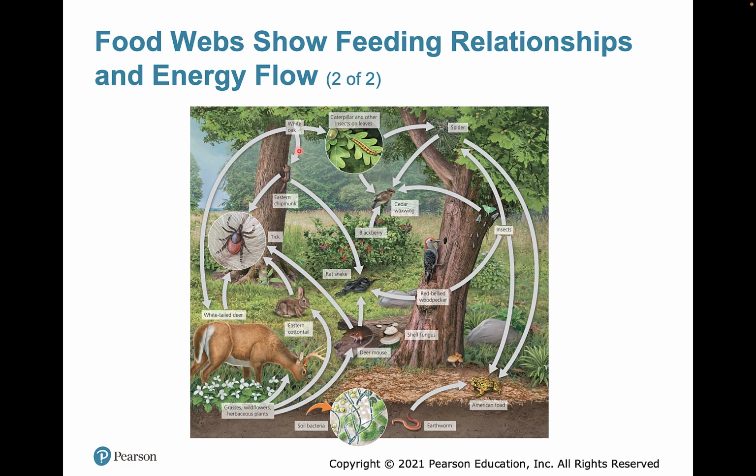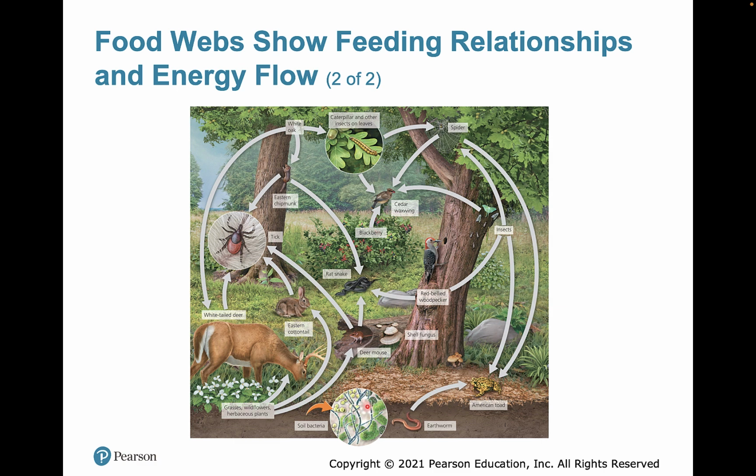The white oak is also consumed by a number of organisms. As you can see, the energy flows from the white oak to the deer, the chipmunk, and the caterpillar. And there we go, okay? So it would complicate this diagram tremendously to show what actually happens.